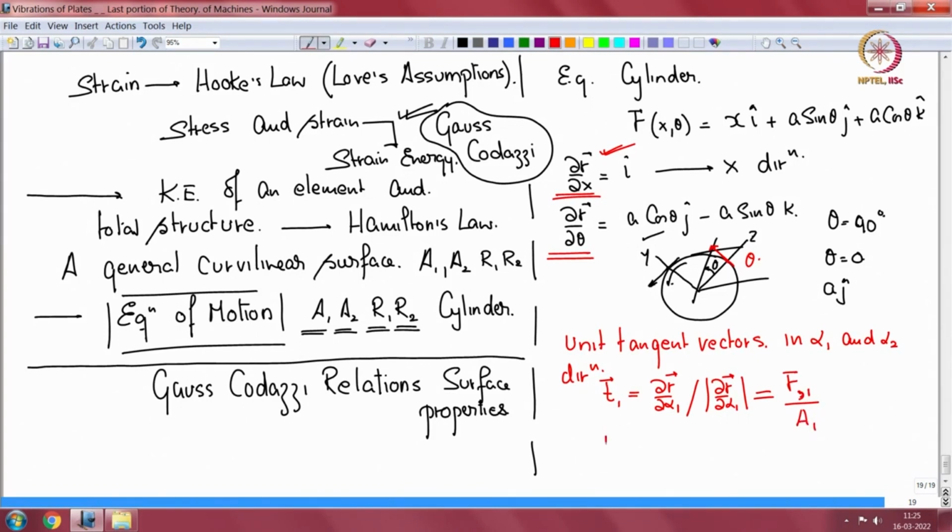Similarly, T2 is equal to del R by del alpha 2 divided by the magnitude of del R by del alpha 2, using the notation it is R comma 2 by A2.